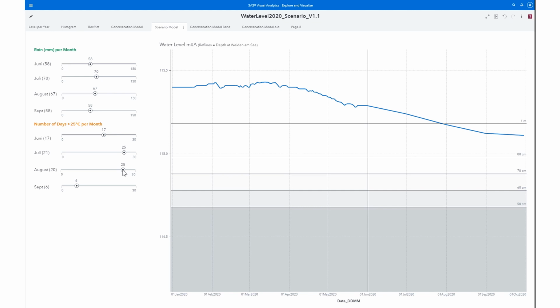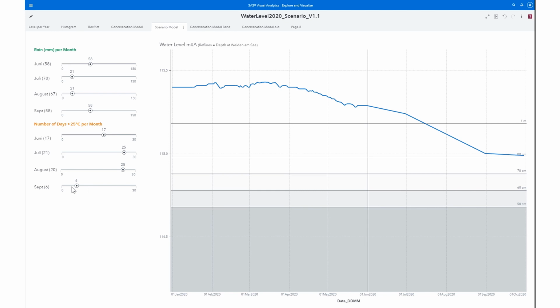So let's assume very hot days and not a lot of rain, so maybe only 21 or so millimeters of rain. Based on this scenario, we will have a very low water level at the end of August, only 80 centimeters of water level in front of the harbor exit of Vietnam Sea, which means that this is quite an undesired scenario.